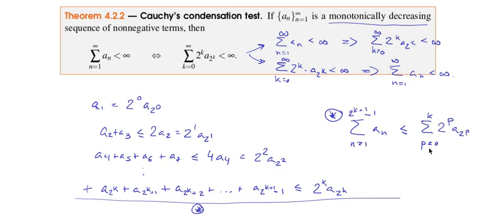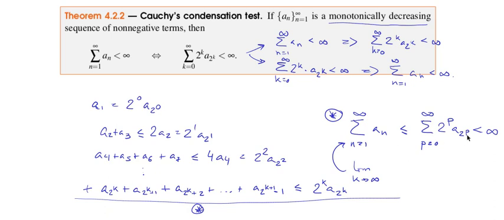So if we take the limit when k goes to infinity in both sides, here what we have is this goes to infinity and this goes to infinity, so we have infinity and infinity. So starting with the second implication, if this thing is smaller than infinity, this is convergent, then this thing will be convergent as well, because it's smaller than this, right?